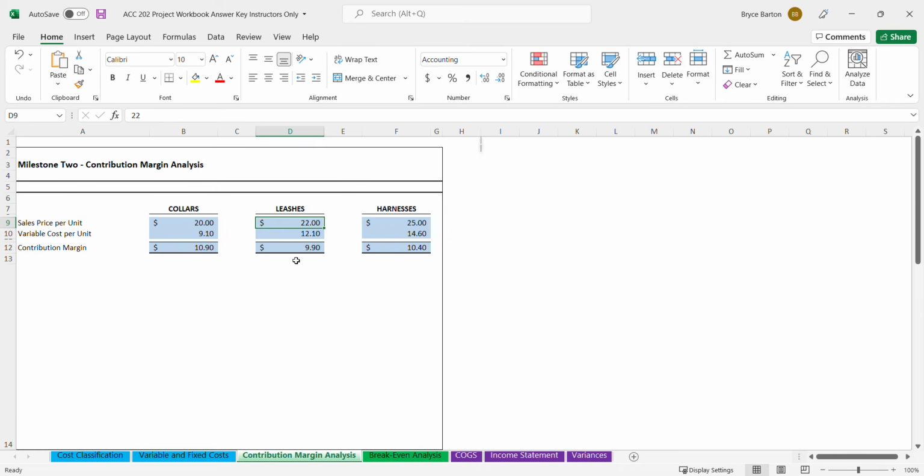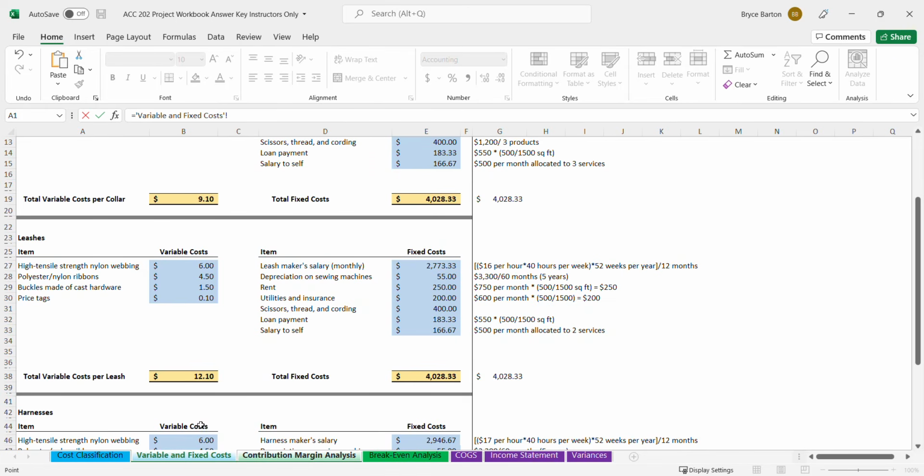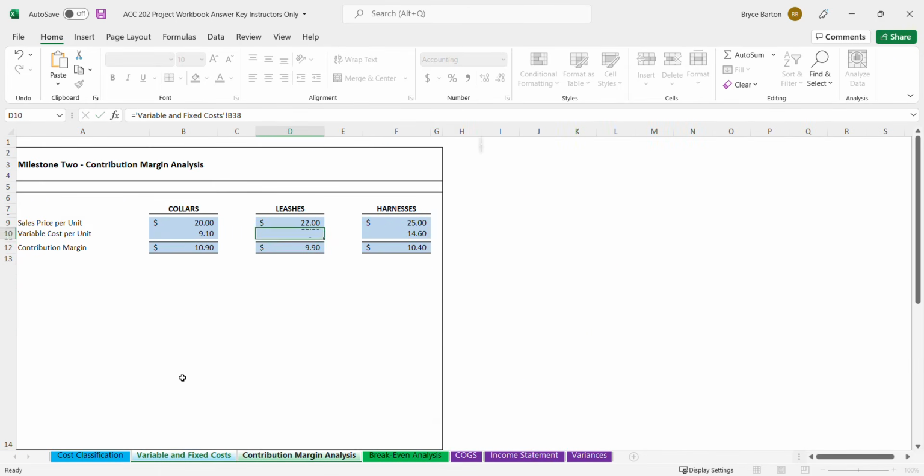For leashes, the Word document gives you price points of $22, $26, and $30. I'm just going to pick $22. Variable cost per unit, we just calculated that, so I'll type equals and go back. That's going to equal $12.10. And I wrote a formula: $22 minus the $12.10.